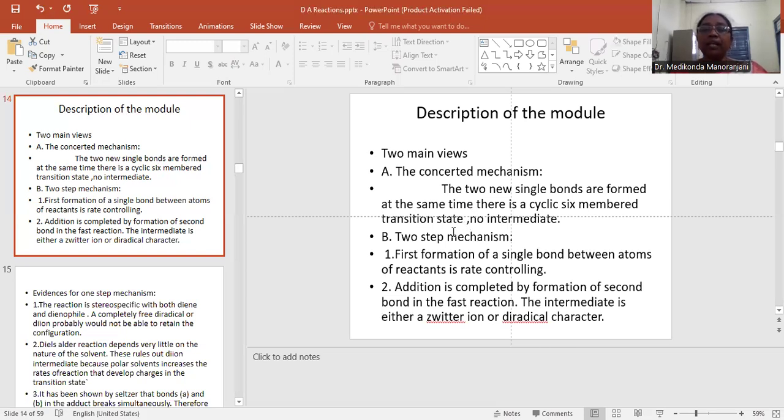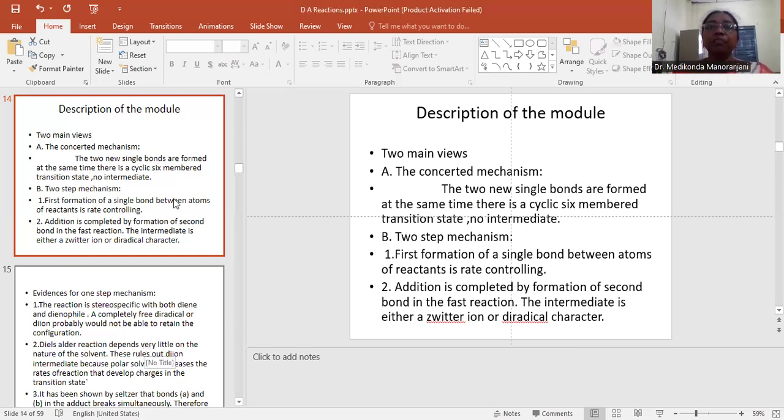Then two-step mechanism. In the two-step mechanism, the first step involves formation of a single bond between atoms of reactants, and it is a rate controlling or rate determining step. The second step, addition, is completed by formation of second bond in a fast reaction. The intermediate is either a zwitterion or of diradical character.